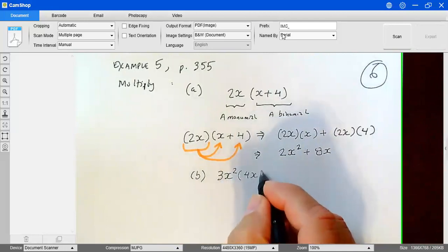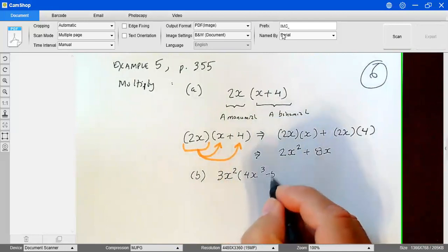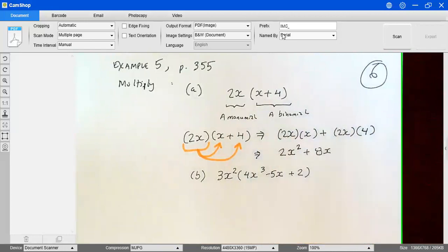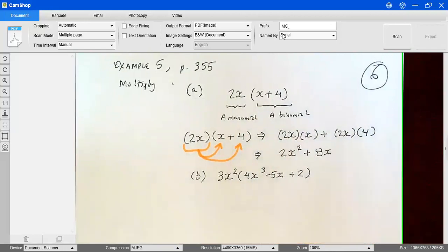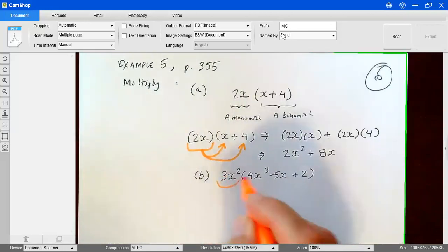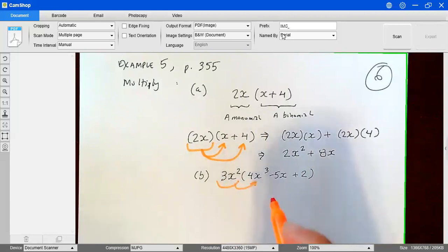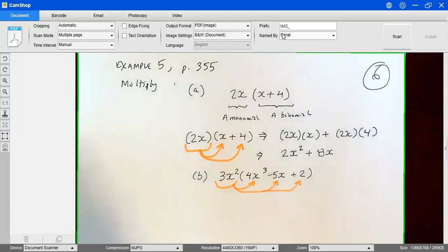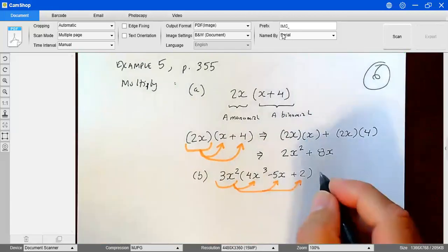Part B, we have now this monomial multiplying this trinomial. So we have 3x squared multiplying 4x cubed minus 5x plus 2. So we're going to multiply 3x squared on the first term, then on the second term, and finally on the third term. So let's write this down carefully.